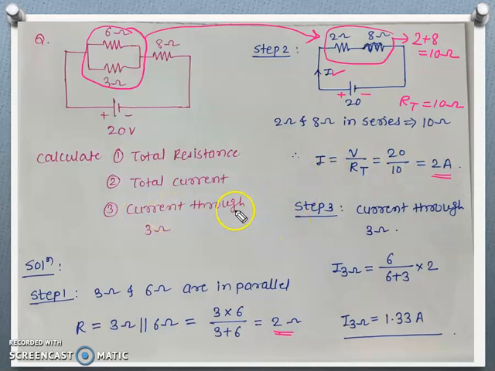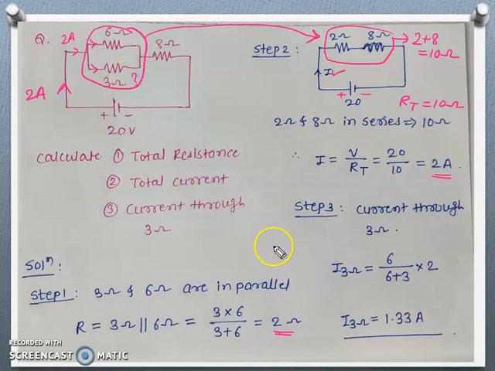Now let's calculate the current through 3 ohm. The total current I is 2 ampere here, and here also 2 ampere, and now it gets divided into these two branches, and we want the current flowing through this 3 ohm resistor.